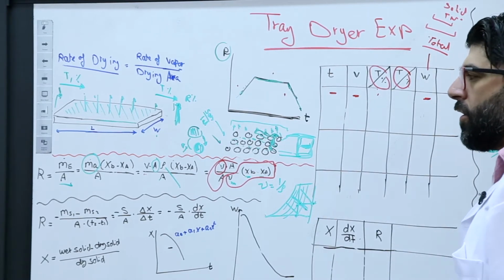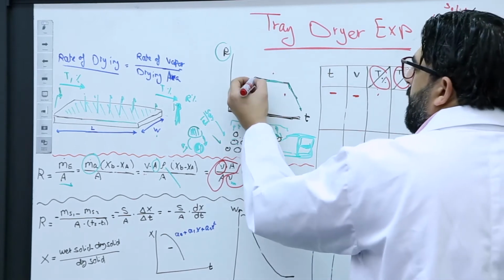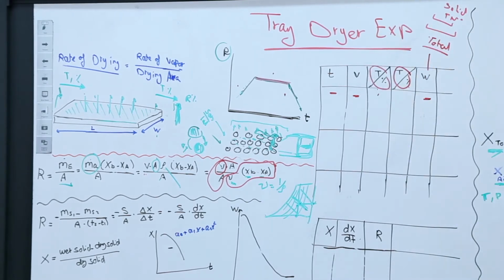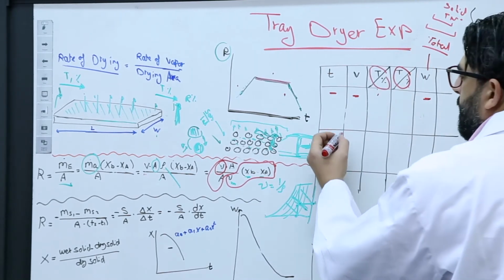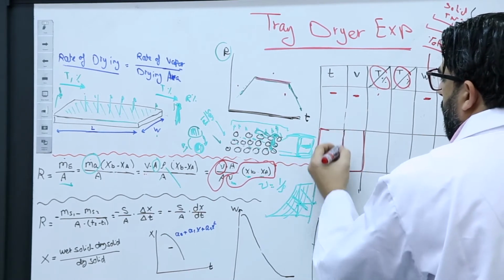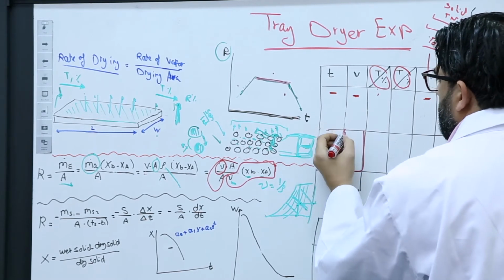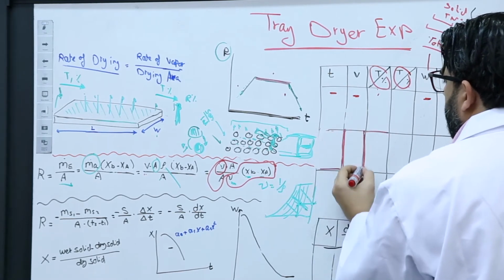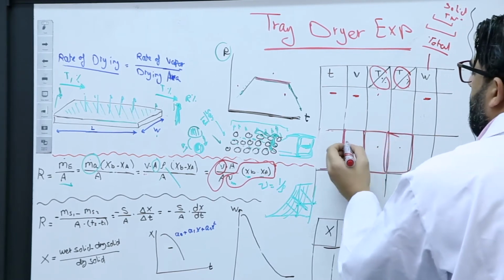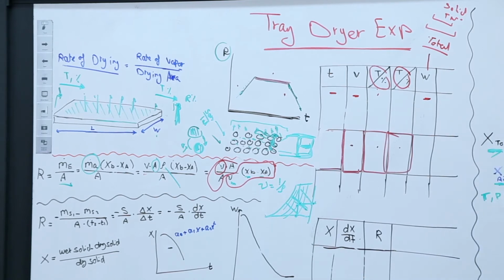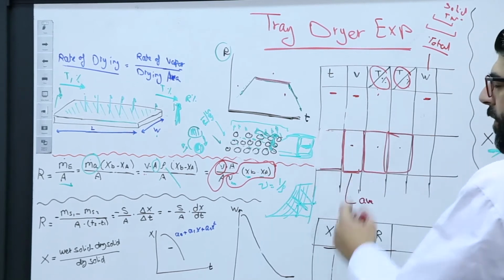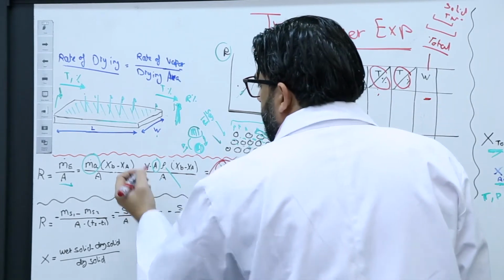Since the constant condition is characterized by a constant rate of evaporation, this part for constant is fixed. I mean velocity, temperature and relative humidity, and time. So these three properties are constant. So you can take the average of velocity and put it here.